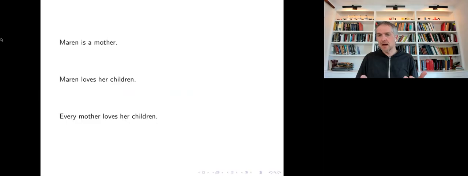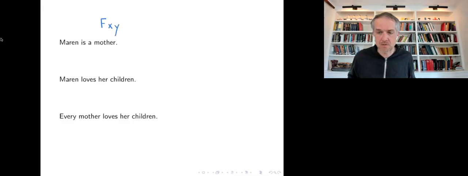In the cases I'm giving here, I'm choosing a way to represent it. I'm going to take the basic relation in these sentences to be, in the first case, a mother. I'll say X is a mother of Y, represented by MXY. Actually, let me change that to FXY so I don't run into trouble with the small m that I'll use for Marin.